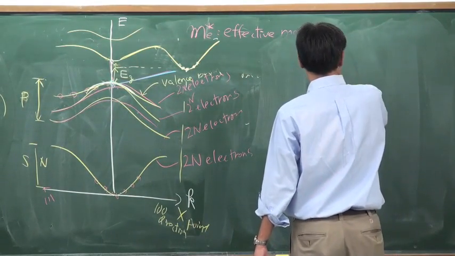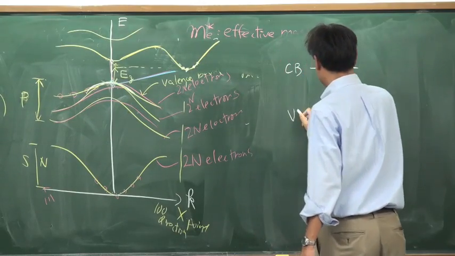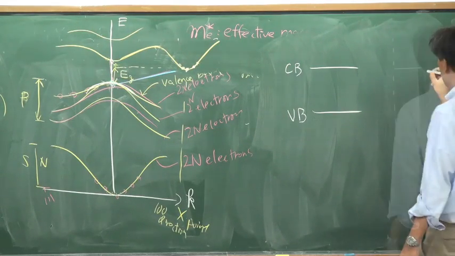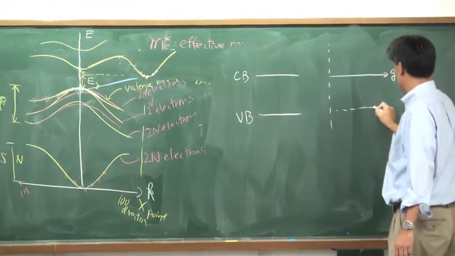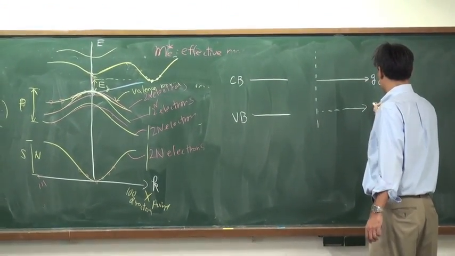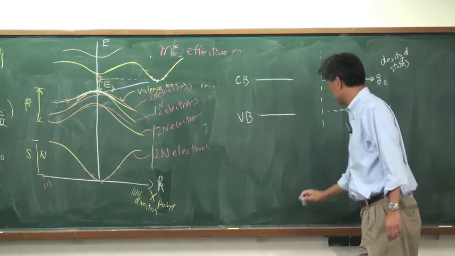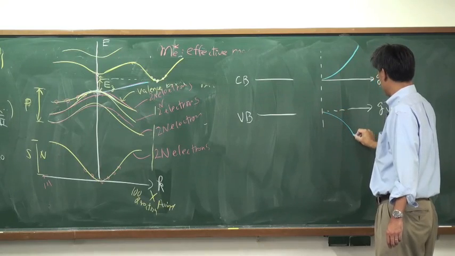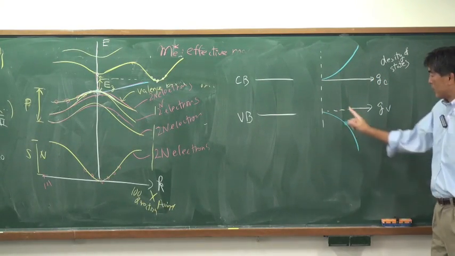If I draw the conduction band and valence band, okay, this is in real space. Now I'm going to draw the density of states for the conduction band, and this is the density of states for the valence band. The density of states for the conduction band looks like this, and the density of states for the valence band looks like this. Okay? As a function of energy.